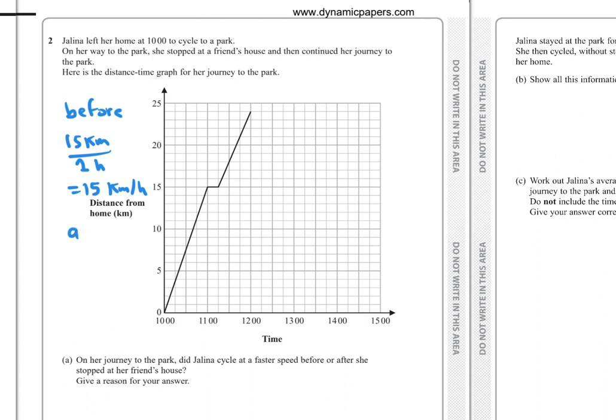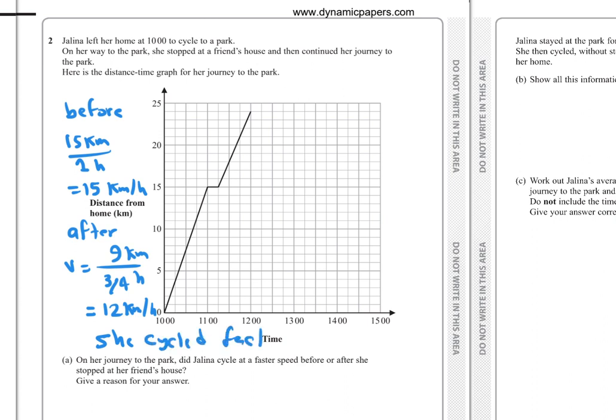So after she stopped, the speed equals 9 kilometers over 3 over 4 hours equals 12 kilometers per hour. So she cycled faster before she stopped.